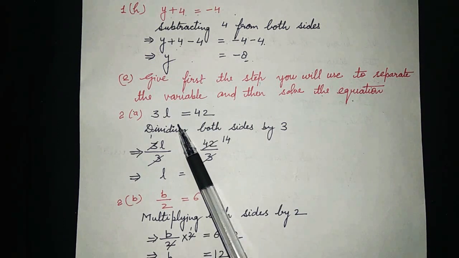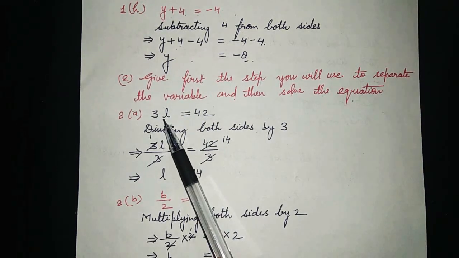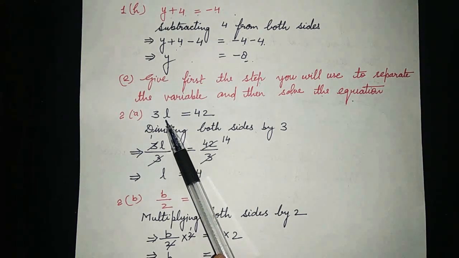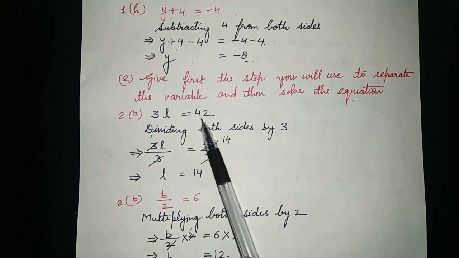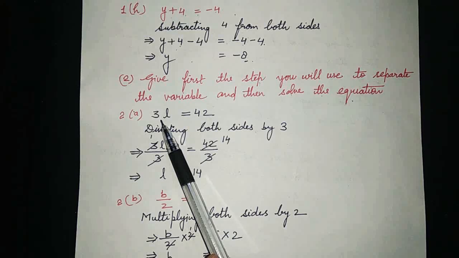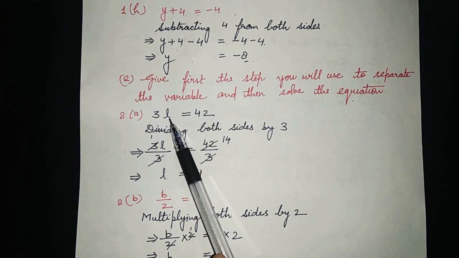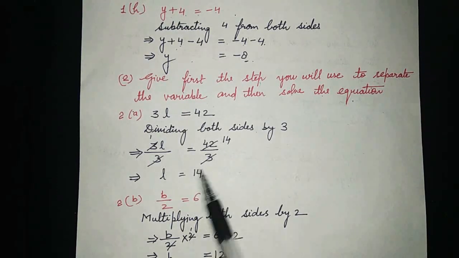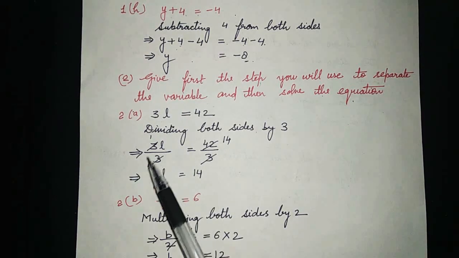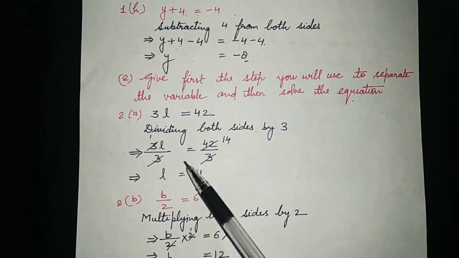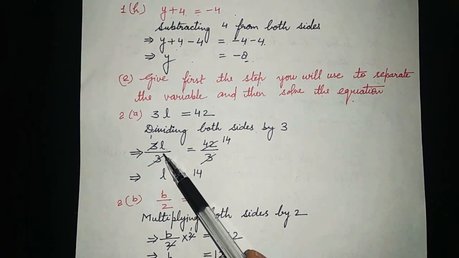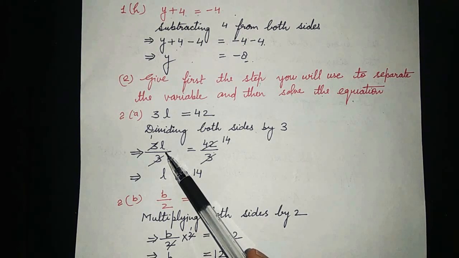But here 3 is in multiplication with this l. So as it is in multiplication with l, we will divide both the sides by 3. When we do this, we will get only l.